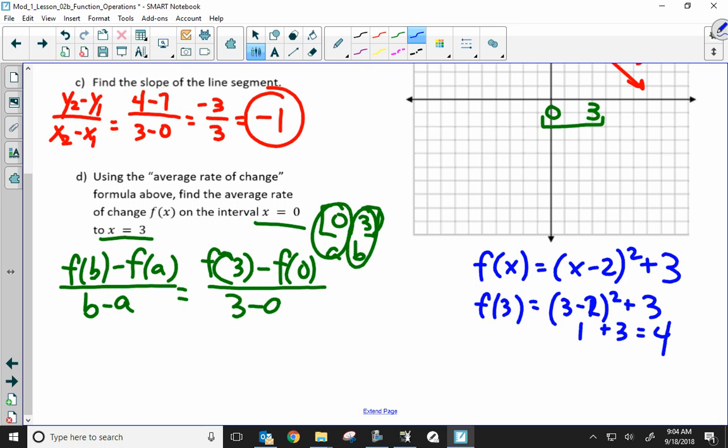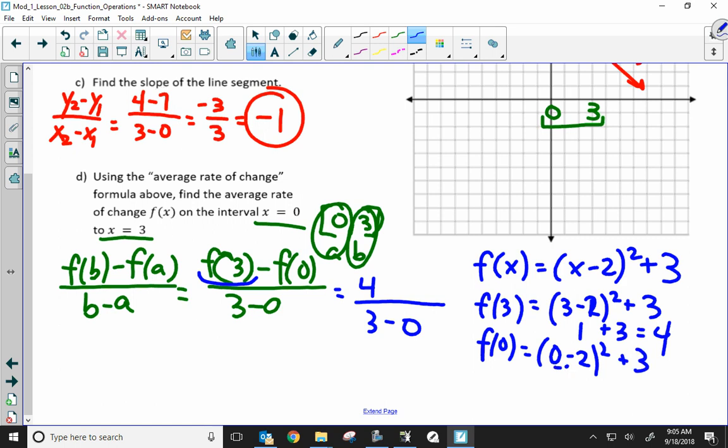So this right here is the same thing as saying 4. Okay, at the bottom we have 3 minus 0 still. Let's figure out what f of 0 is. f of 0 is 0 minus 2 squared plus 3. Well, that's negative 2. If I square negative 2, I get 4. 4 plus 3 is 7.